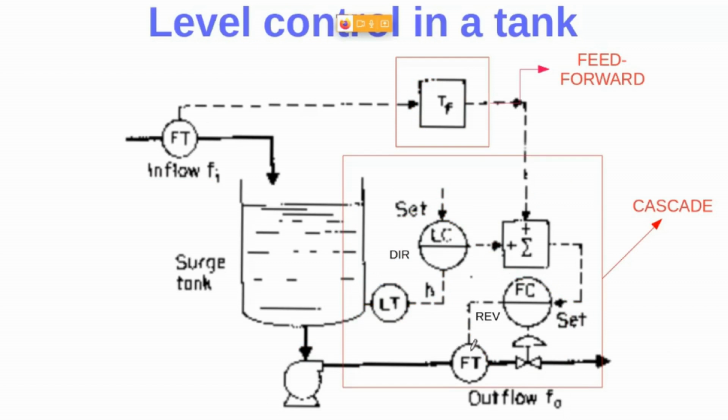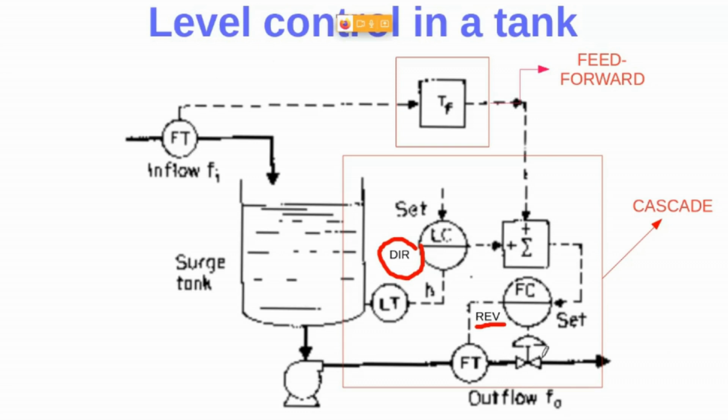So now let's have a look at why this is a reverse controller action and this is configured with a direct controller action. This controller is configured with a reverse controller action just because when you increase the controller action, so when you open the valve, the outflow will increase, right?